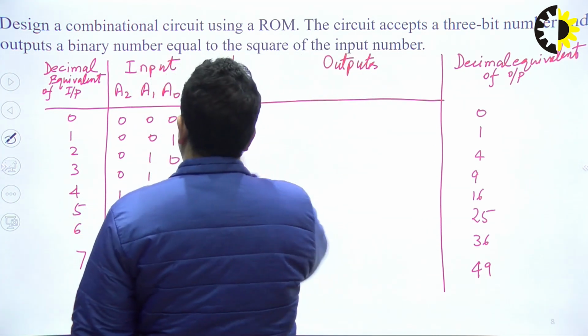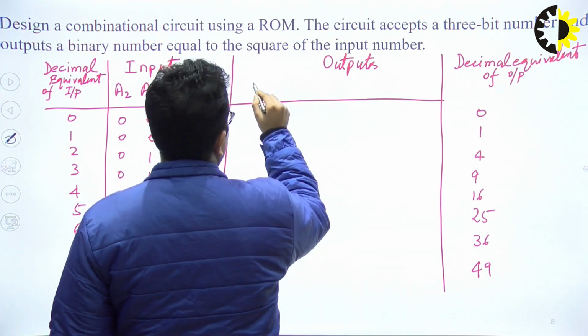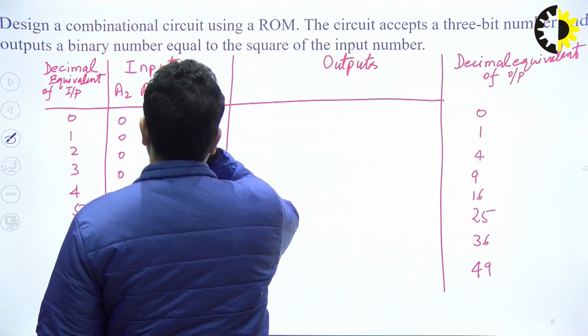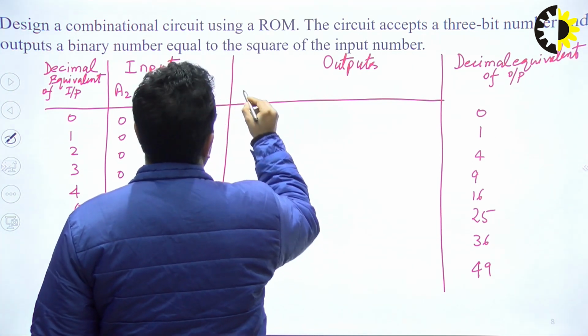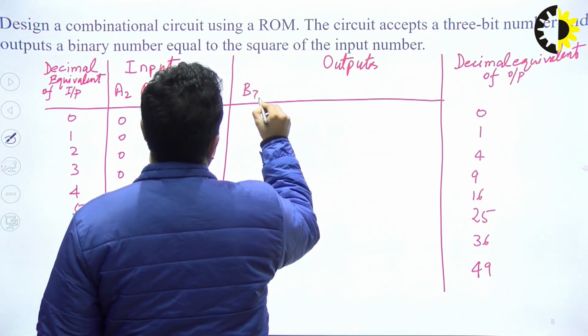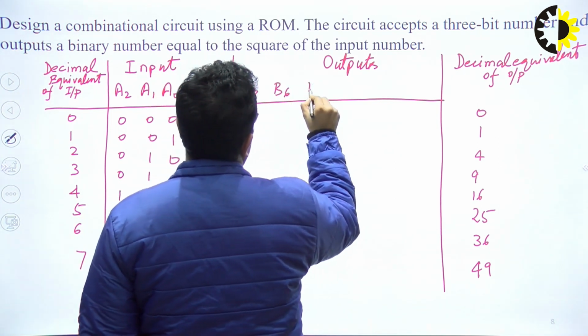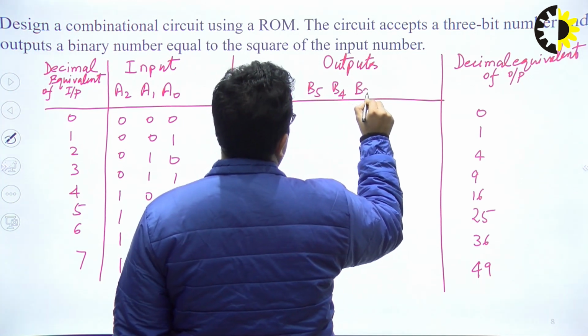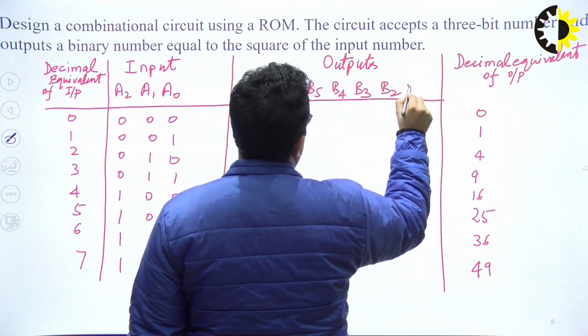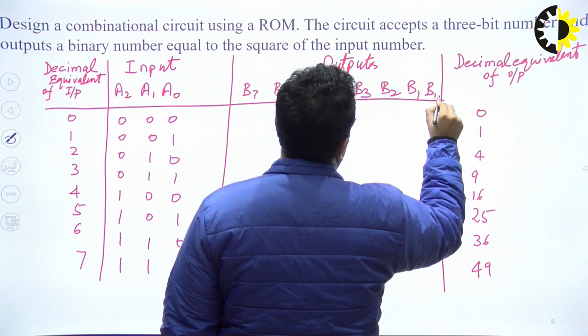So let us write these zeros. From this 3-bit input we can have 8 outputs. So we will write the output bits as B7, B6, B5, B4, B3, B2, B1 and B0.